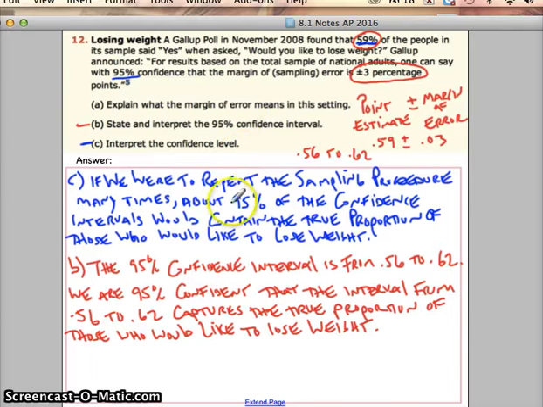So again, just be very careful on whether it wants you to interpret the interval or whether it wants you to interpret the level. That's something to get used to.